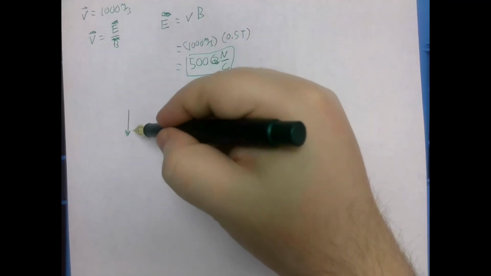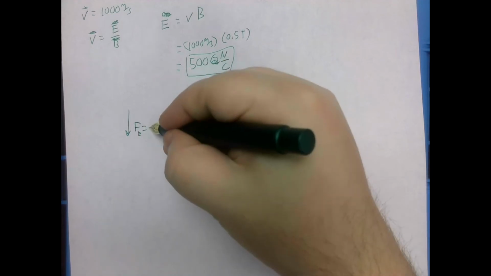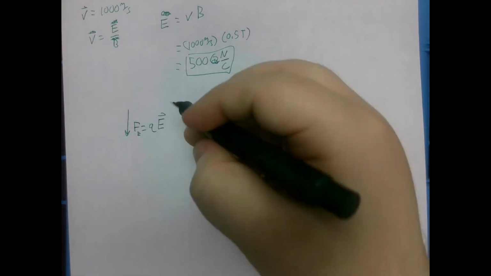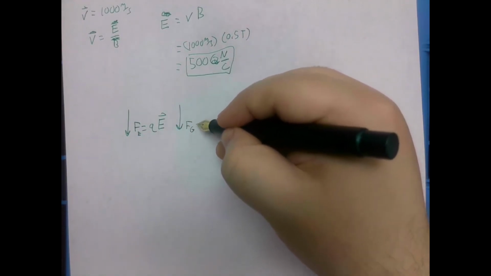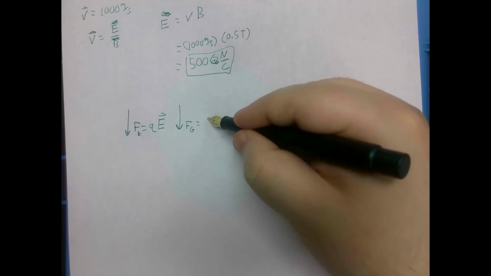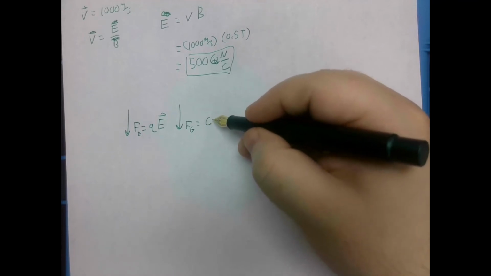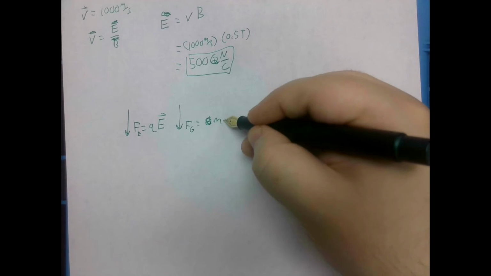So we'll have the electrical force equal to Q times E. We'd have a downward force for gravity, which would be equal to, I'm going to assume I'm on Earth and just use mg.